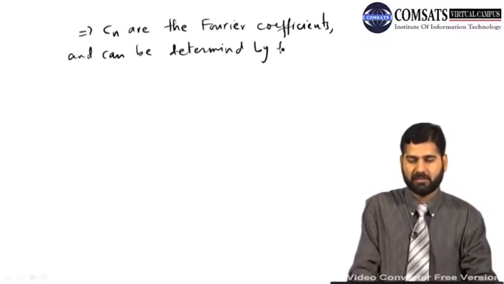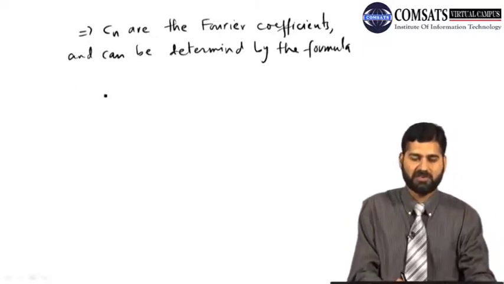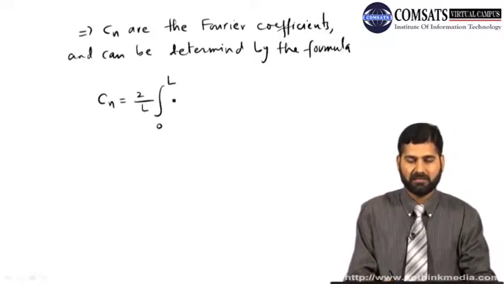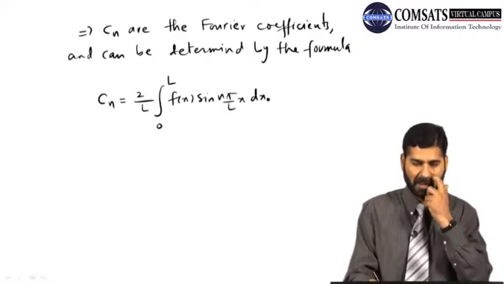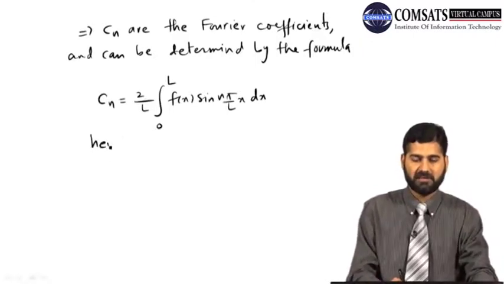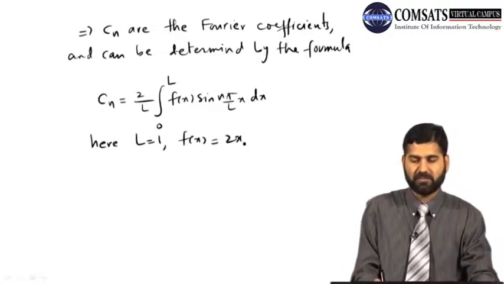Fourier coefficients, and can be determined by the following formula. By the formula we remember from last lecture, what was the formula for Cn? If we have a Fourier sine series, f(x) sine n pi by L x dx. But in our case, L is 1 and f(x) is 2x plus 1.